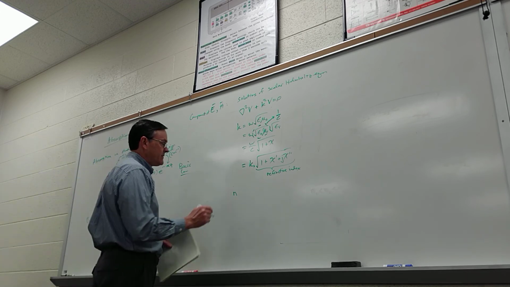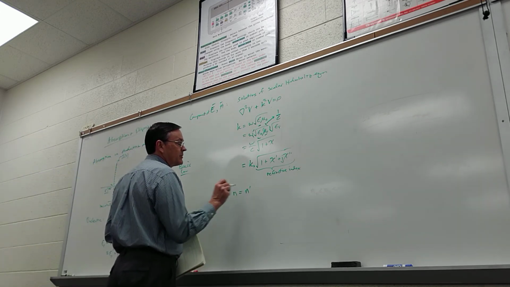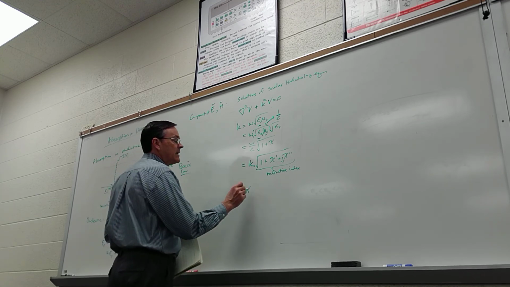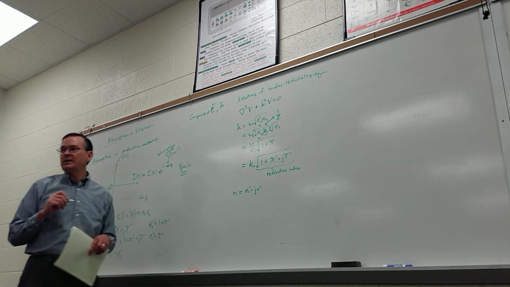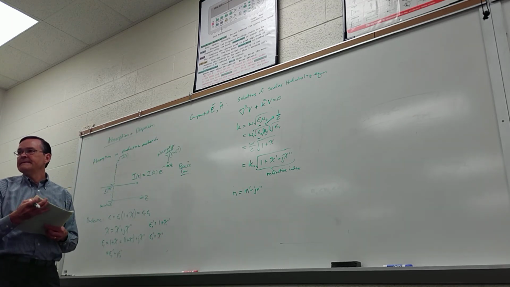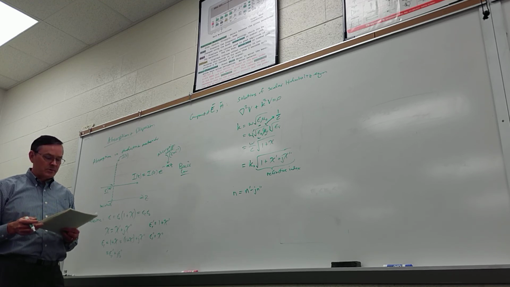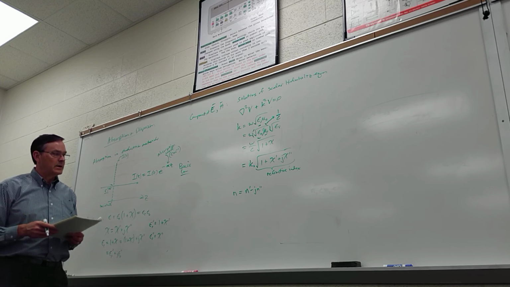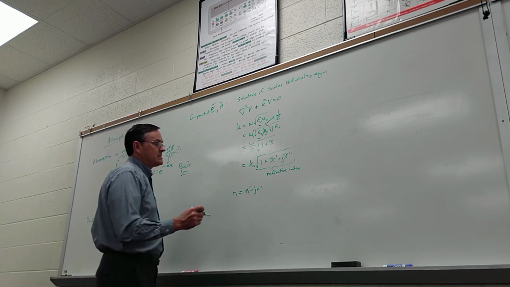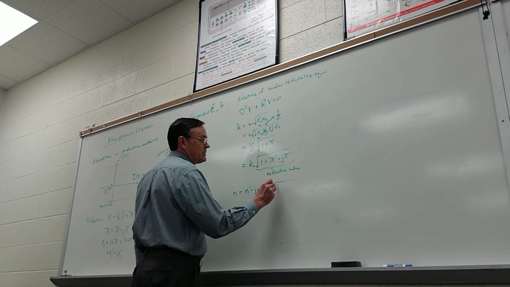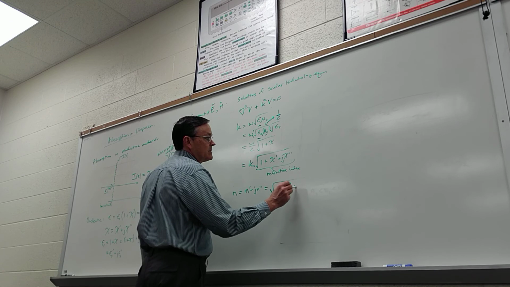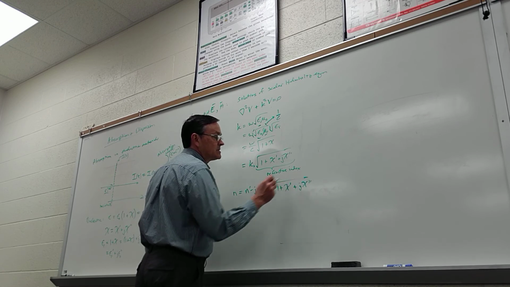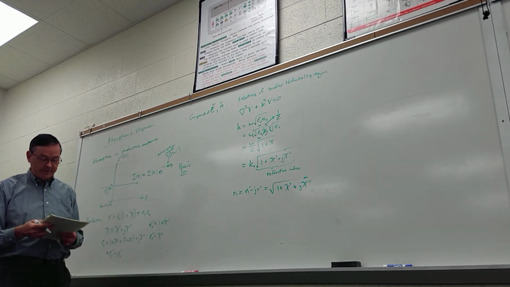So we can write the refractive index as having a real part, n prime, and then I'm going to do minus j n double prime instead of plus j n double prime, just because things work out nicer that way. And it'll lead to not having to carry around an extra minus sign later. And so evidently this is equal to the square root of 1 plus the real part of the electric susceptibility plus j times the imaginary part of the electric susceptibility.